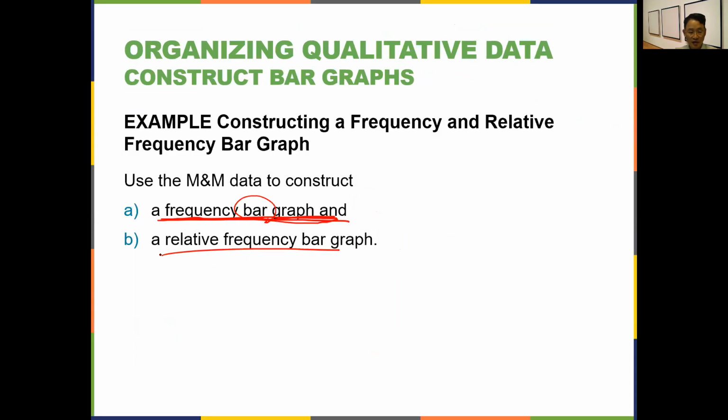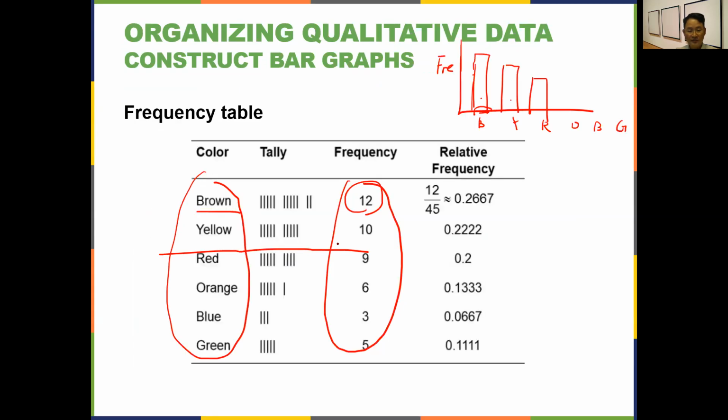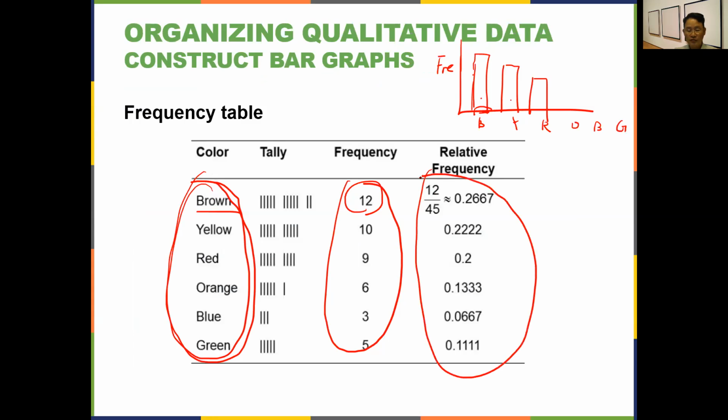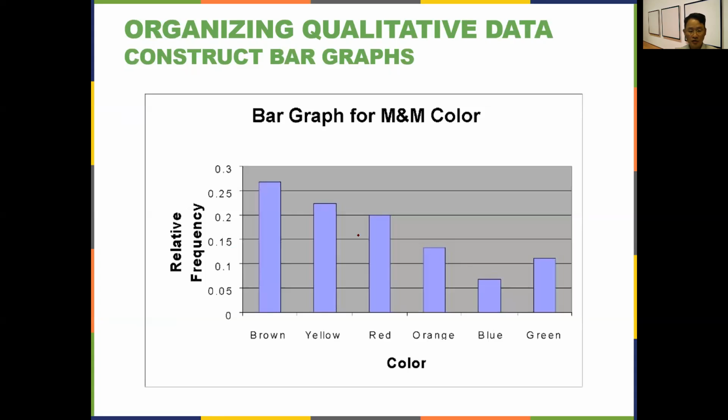Now, the next one is the relative frequency bar graph. It's not difficult to guess which 2 columns we are going to use: the color column and the relative frequency column. Remember, the brown color goes up to 0.2667, so brown goes up to here.